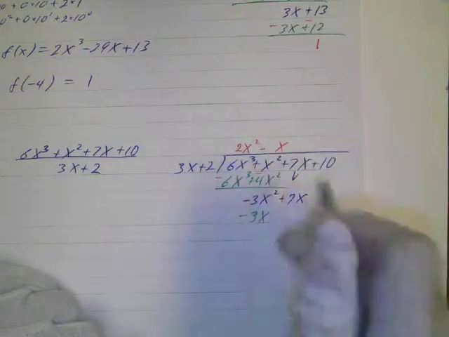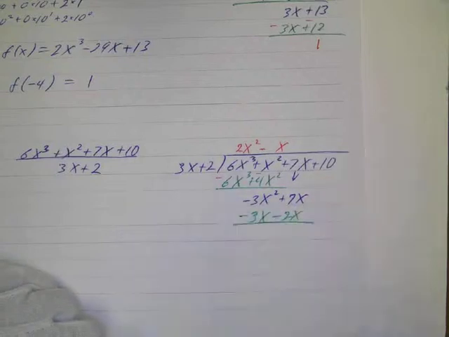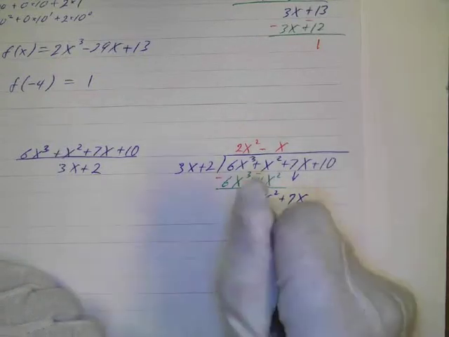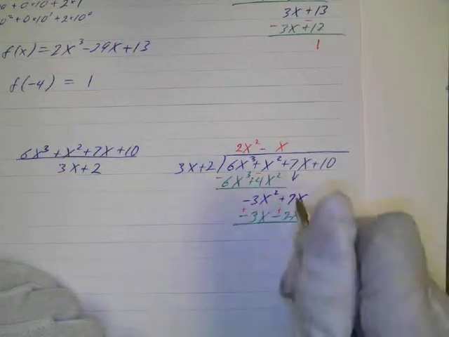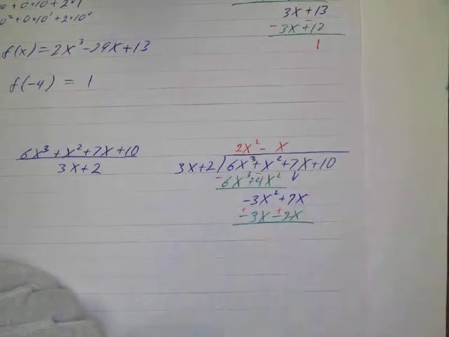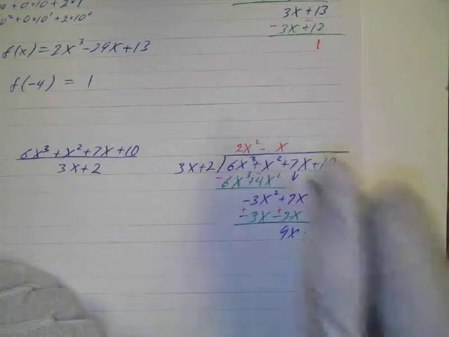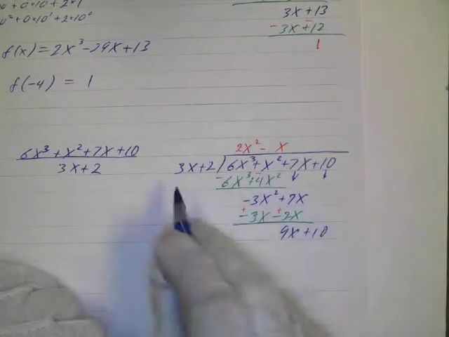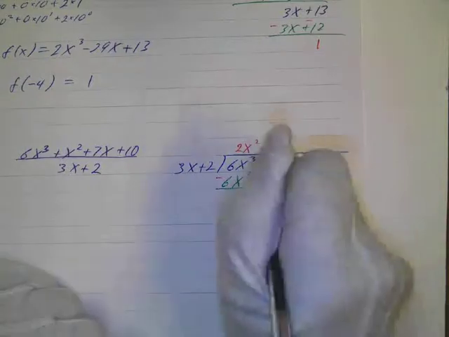So that's a negative times a positive is a negative 2x. And then when we change those signs, that's 0, and 7x plus 2x is 9x. So now we have 9x. Bring down your 10. And now I need to multiply by 3, just 3. Maybe that's where I was thinking the 3 was going to be, I don't know.